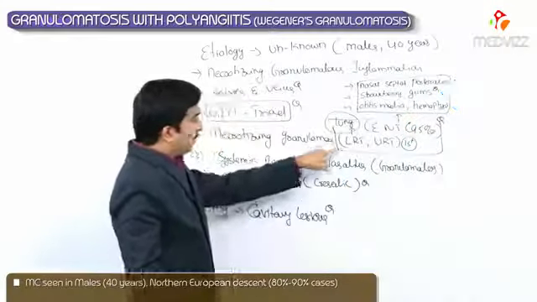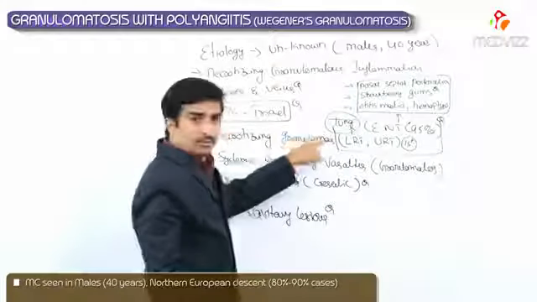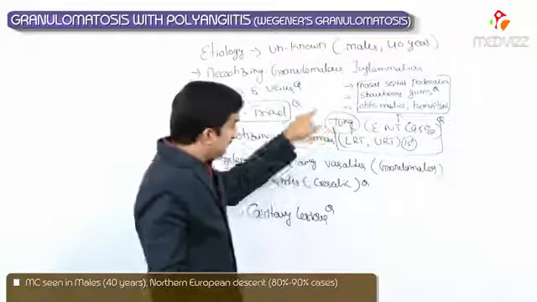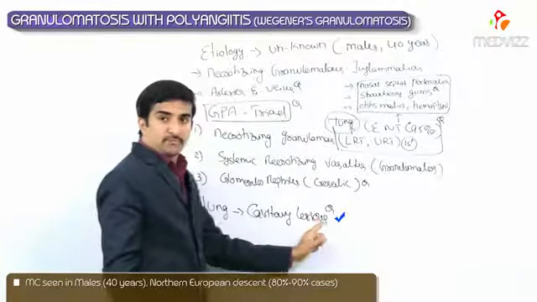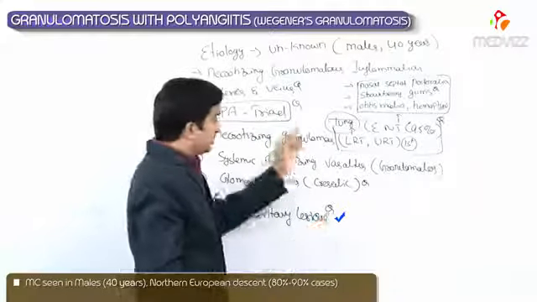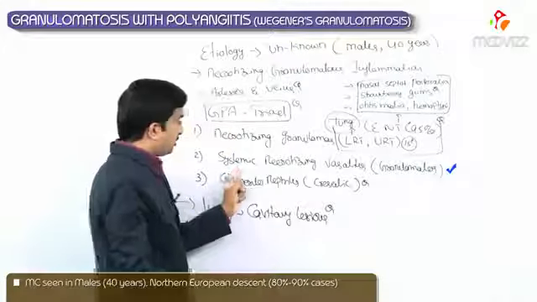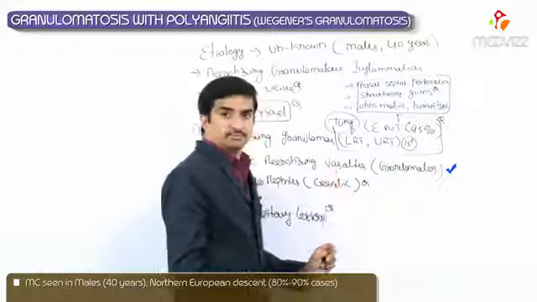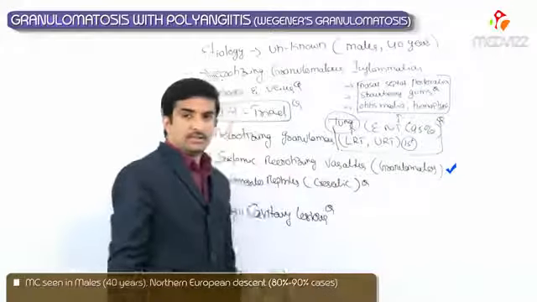Later, there will be involvement of the lower respiratory tract with formation of granulomas in the lung, and cavitary lesions on the X-ray clearly show this. The second manifestation in the triad is systemic necrotizing granulomatous vasculitis.